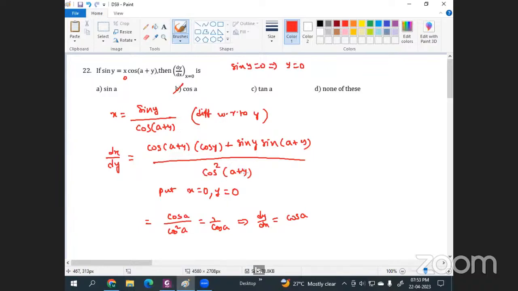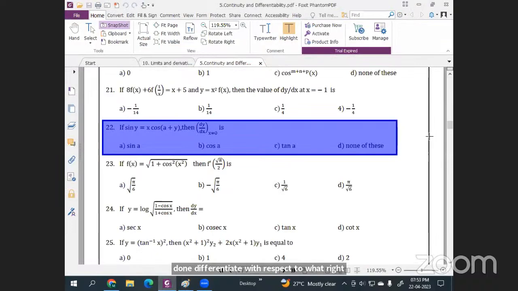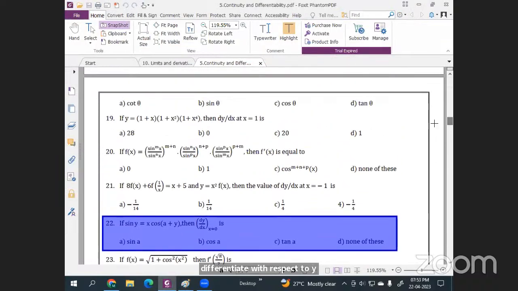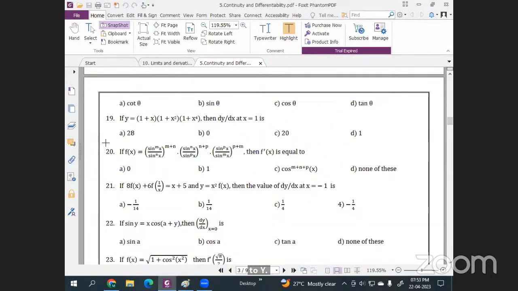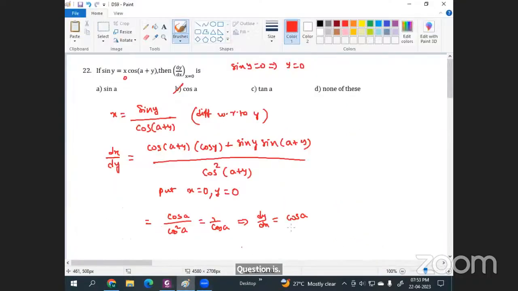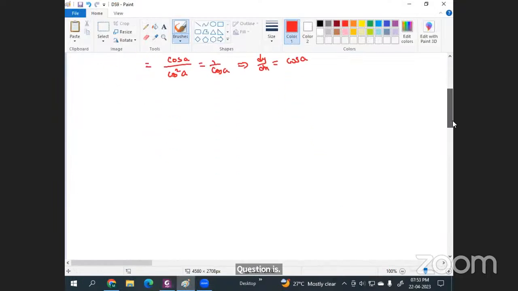This question we have done. Differentiate with respect to y. Now the question is, it's also a very good question.